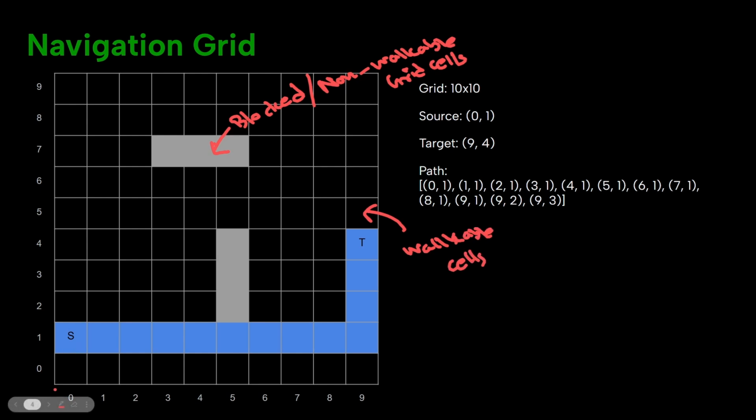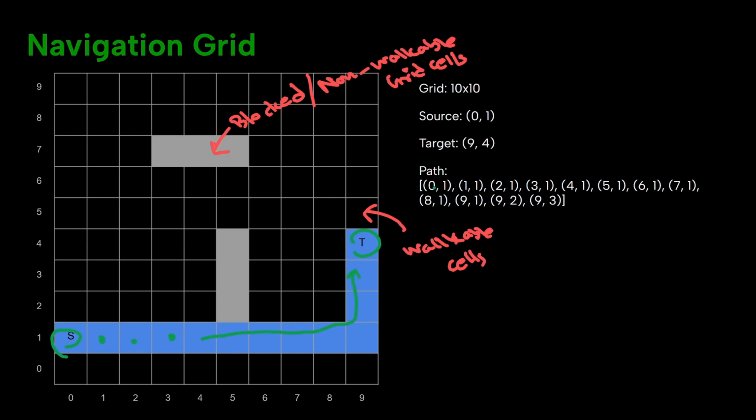This is the start node, this is the target node, and this is the path. This is the first cell to be reached, second cell, third cell, and likewise it goes up until here.